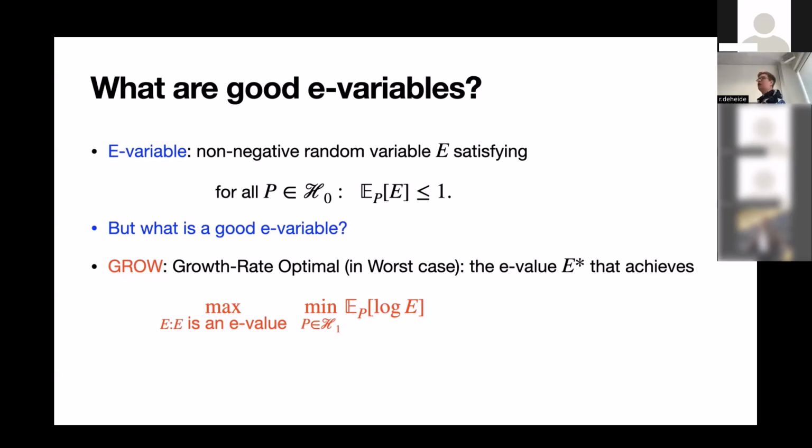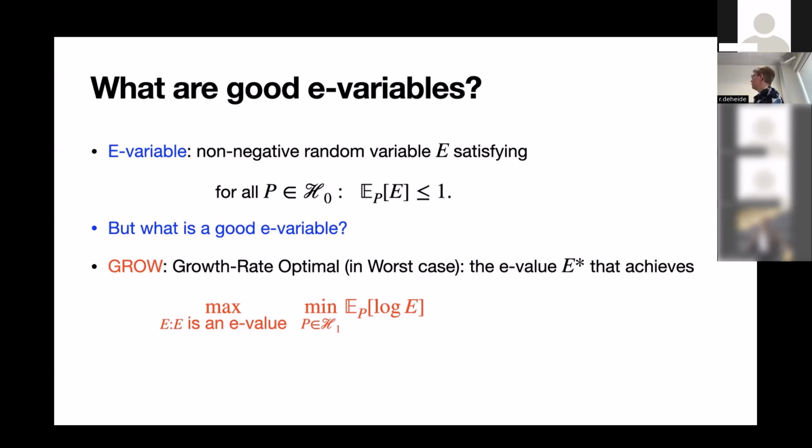So we want something that grows fast when the null hypothesis is not true. Or maybe we can formulate it as: if there is an alternative hypothesis, we want an e-variable that grows very fast if the alternative hypothesis is true. And we formulate this in the GROW criteria. We can do growth rate optimal or growth rate optimal in worst case. I'll focus on the worst case now.